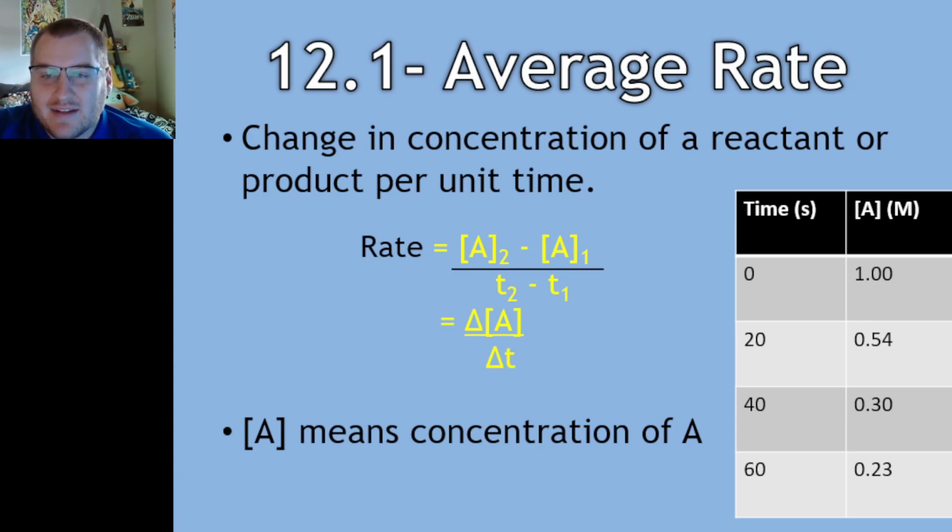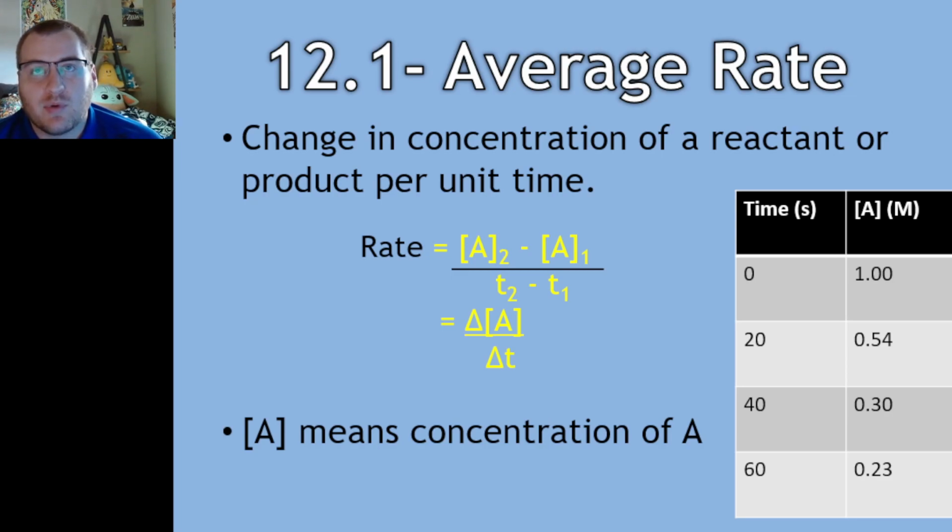This A in brackets stands for whatever reactant we're dealing with, and the brackets just mean the concentration of. So we're looking at the concentration of A2, at a second point in time, minus A1, our initial concentration, divided by time 2 minus time 1. Or in other words, it's the change in concentration over the change in time.